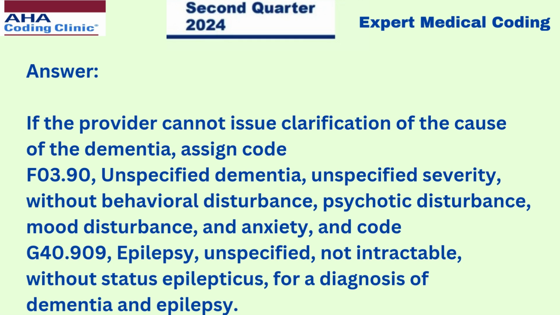If the provider cannot issue clarification of the cause of the dementia, then assign code F03.90 for unspecified dementia, unspecified severity, without behavioral disturbance, psychotic disturbance, mood disturbance, and anxiety, and code G40.909 for epilepsy, unspecified, not intractable, without status epilepticus for a diagnosis of dementia and epilepsy.